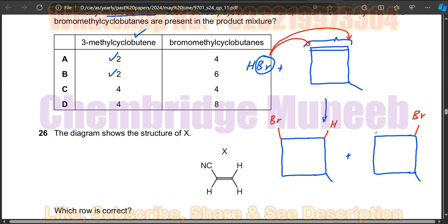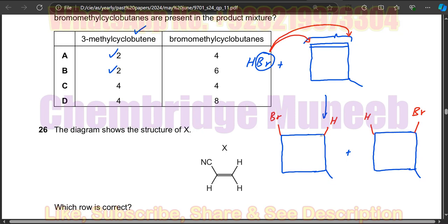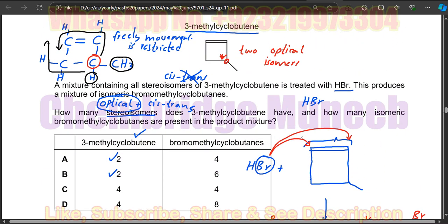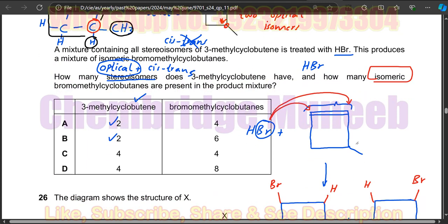Hydrogen will be added on the right side in one case and on the left side of the right structure in the other. Now it means that we have different carbons on which we have to check the isomerism. It's stated here that we have to check the isomeric compounds of this bromomethyl cyclobutane.